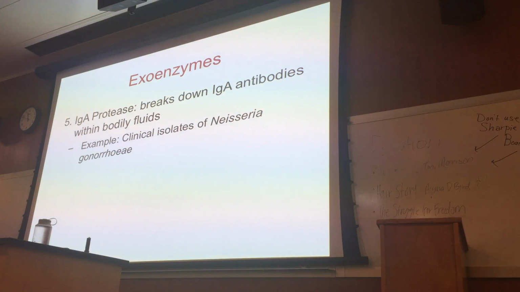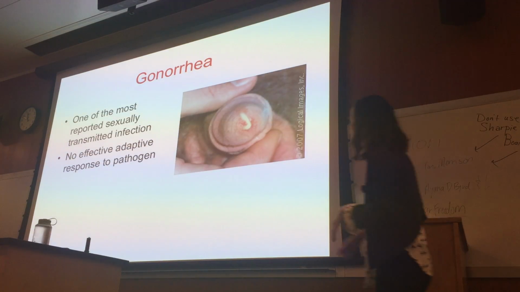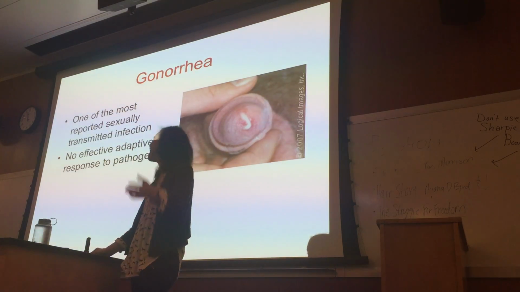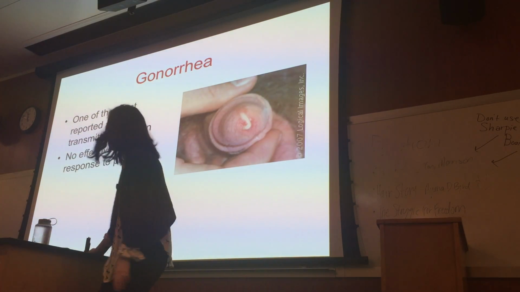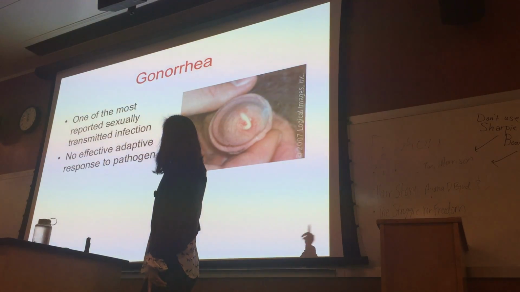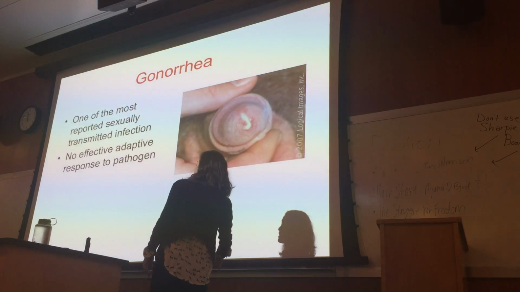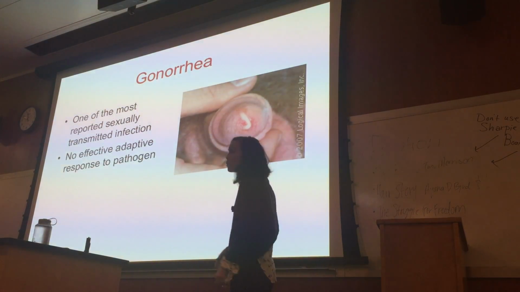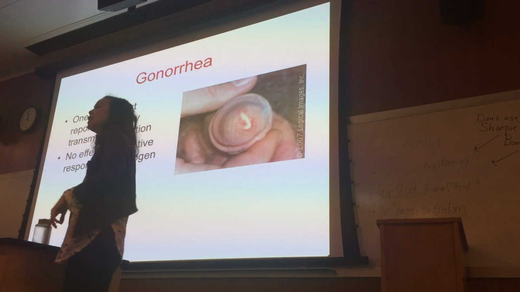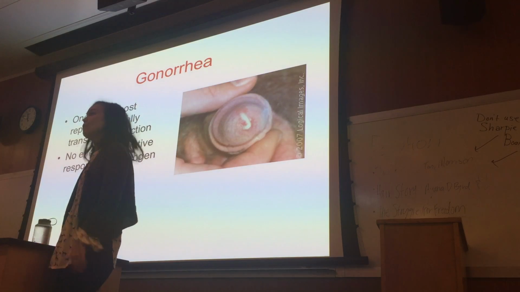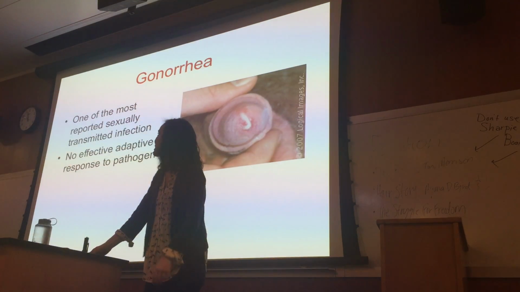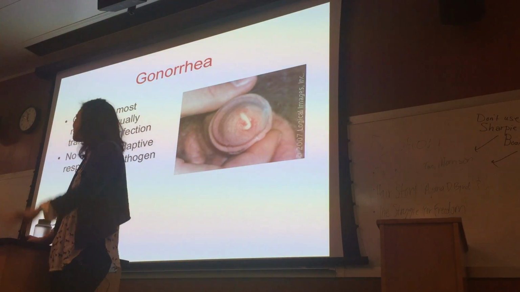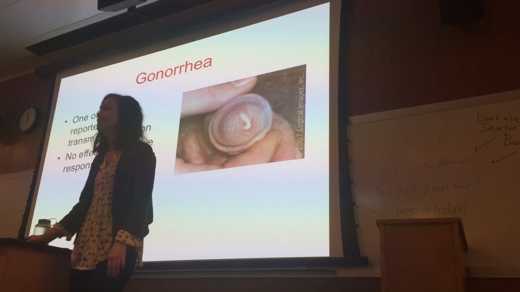We're going to talk about these antibodies. Gonorrhea obviously is an STI. We're supposed to call everything an STI now instead of an STD. But it's one of the most reported sexually transmitted infections. And here at the bottom it says no effective adaptive response. We're going to talk about what that word adaptive means, but an adaptive response basically involves your antibodies. Antibodies are supposed to be the best thing for fighting off a foreign invader.